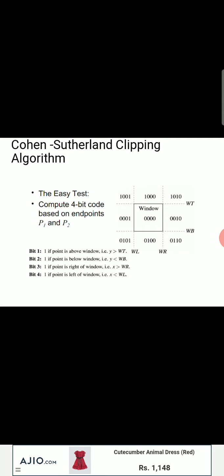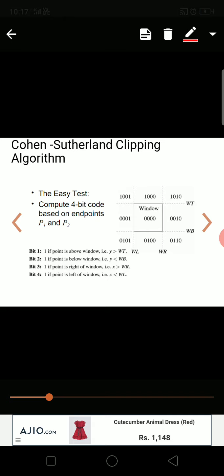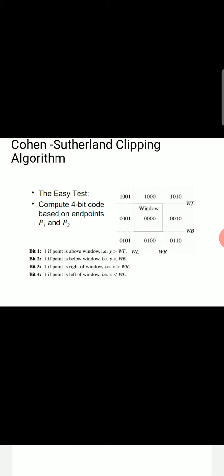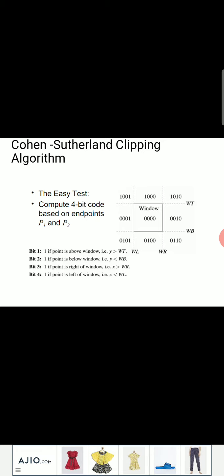Bit 1 and bit 2 of the location code are related to the y coordinate of the endpoint, and bit 3 and bit 4 to the x coordinate. Whenever the y coordinate of the endpoint is greater than the top bound of the window, bit 1 is set to 1.